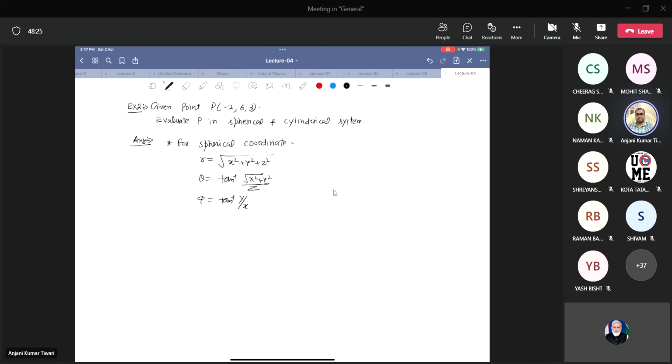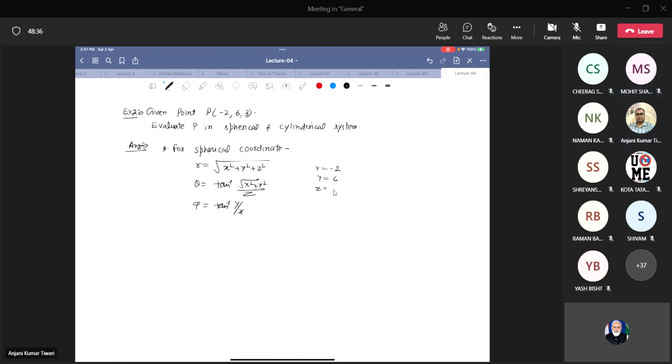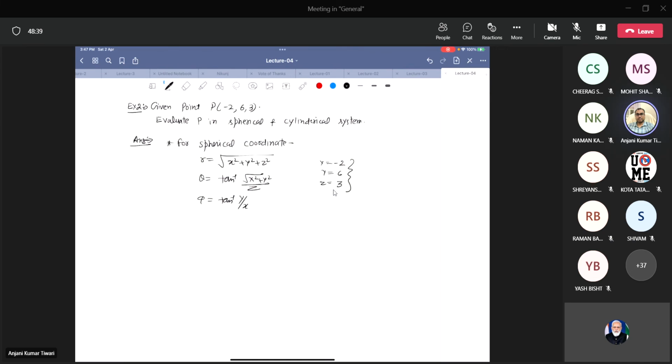So I have r, theta, phi. I know x, y, z: x is -2, y is 6, and z is 3. I can just put them here and find out r, theta, phi. Similarly, for cylindrical coordinates, rho will be square root of x square plus y square.